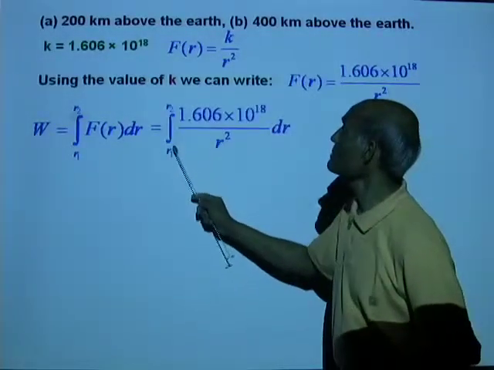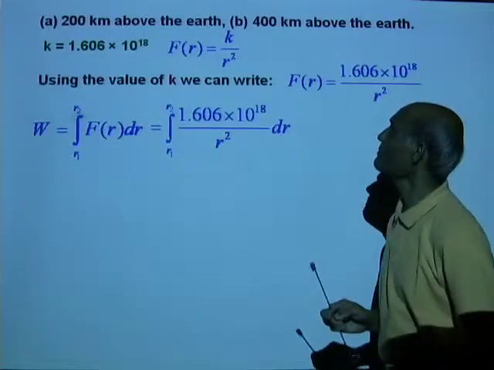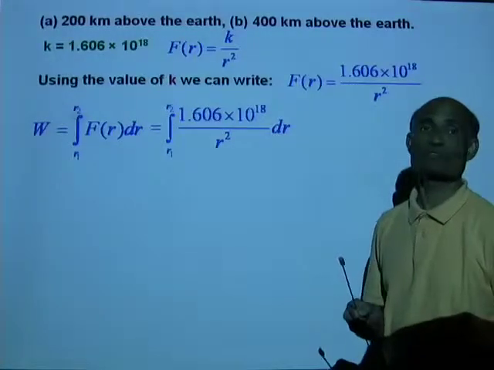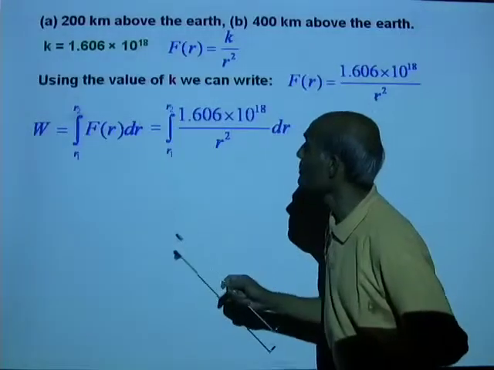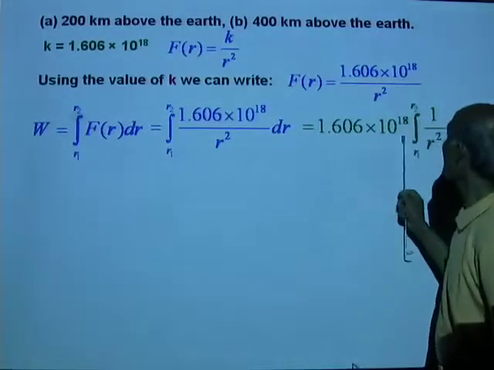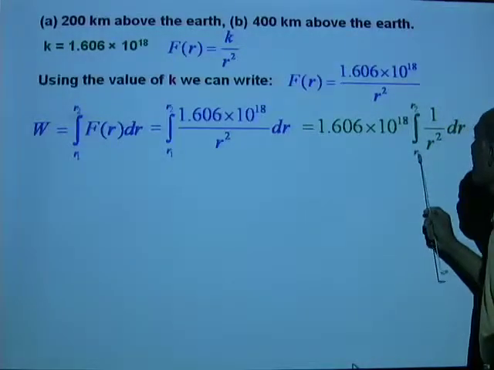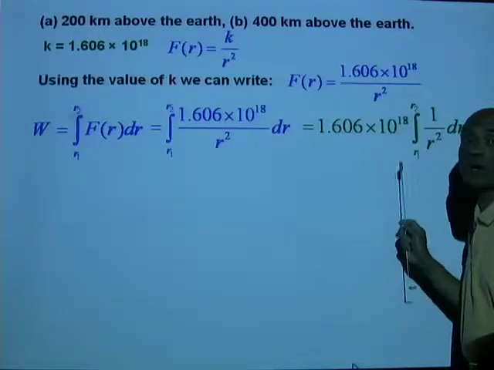That will be the integral from R1 to R2 of 1.606 times 10 to the power of 18 divided by r squared dr. This is a constant, we can take it out. So the constant number comes out, and you have the integral from R1 to R2 of 1 over r squared dr.